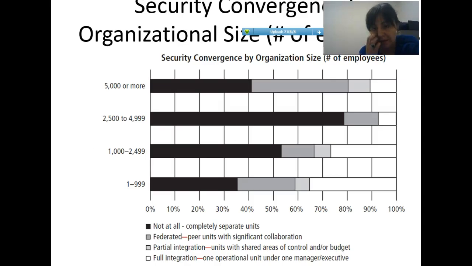So in this report, you can see that in the companies that are larger, there is more segregation between physical security and other security. So they are basically completely separate units. And in smaller organizations, basically less than 1,000 employees, full integration is more common.